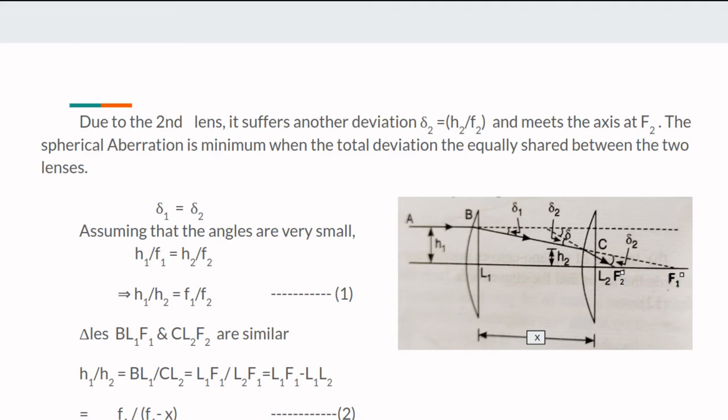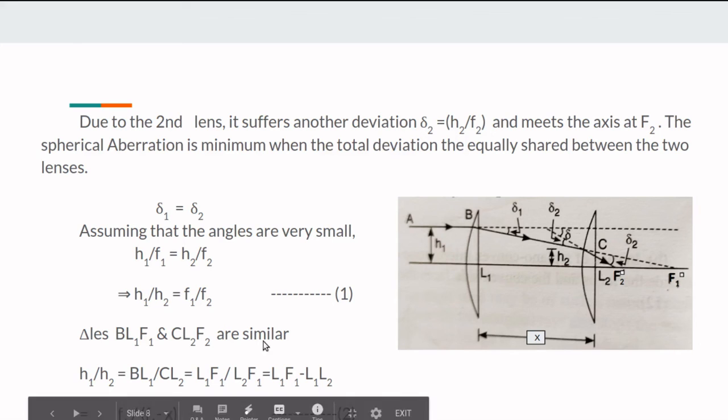H1 is BL1, H2 is CL2, and the bases are L1 F1 and L2 F1. Therefore, H1 by H2 is equal to L1 F1 by L2 F1.